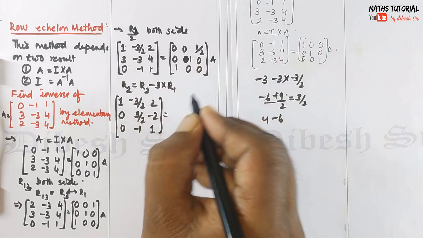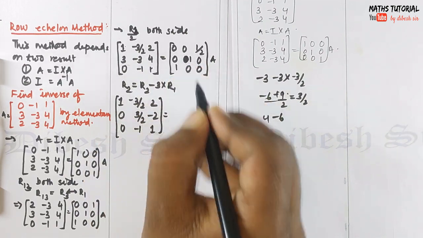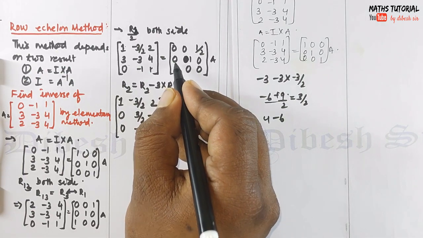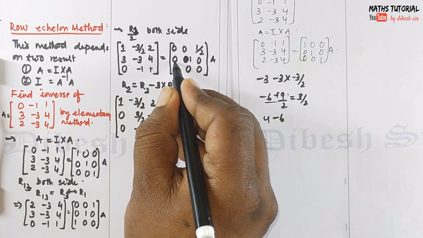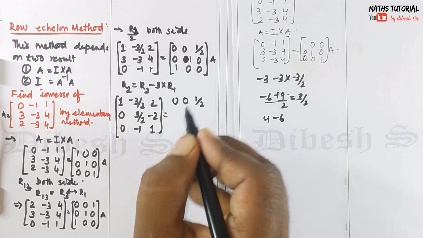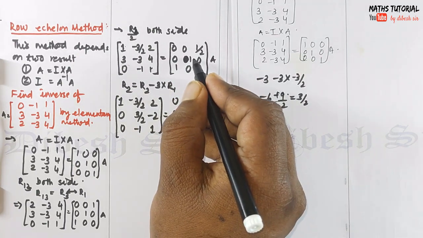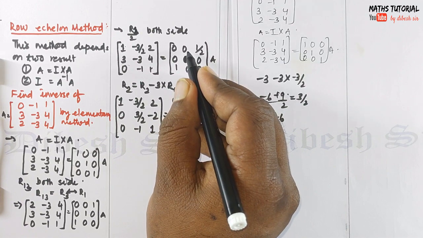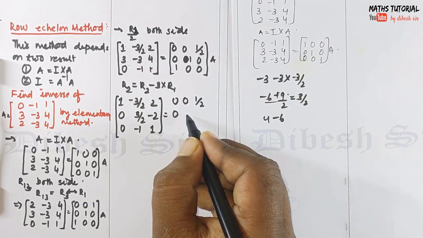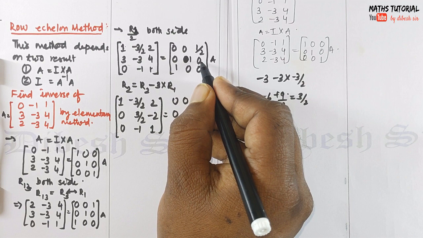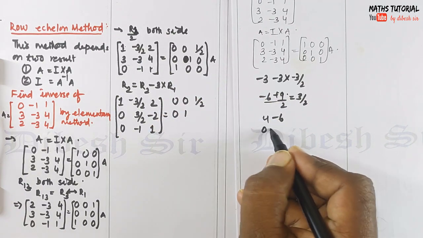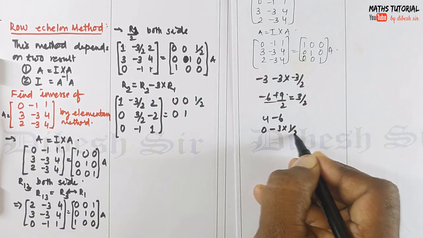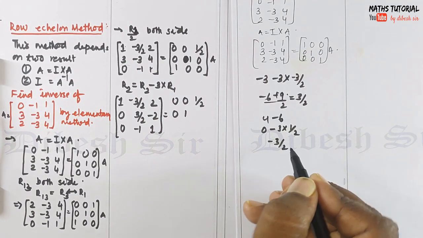Similarly, do this side also. R2: 0 minus 3 into 0 is 0. Then 1 minus 3 into 0, that is 1. Then 0 minus 3 into 1 by 2, that is minus 3 by 2.